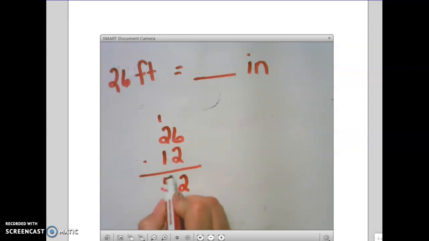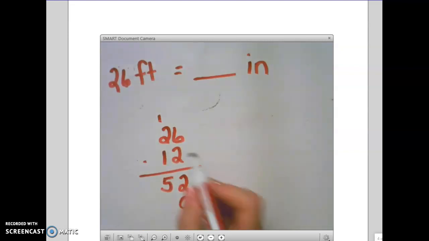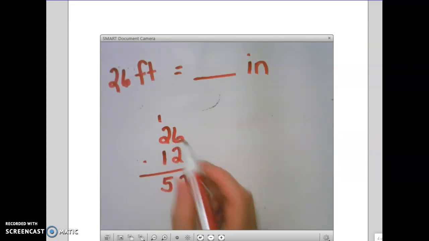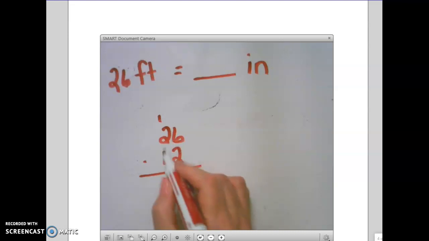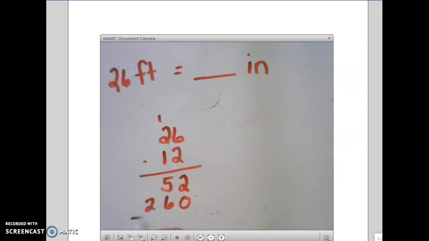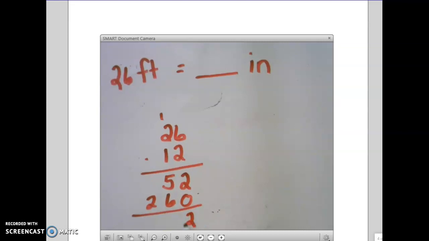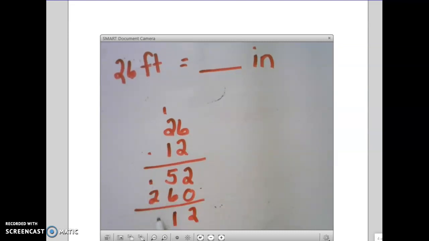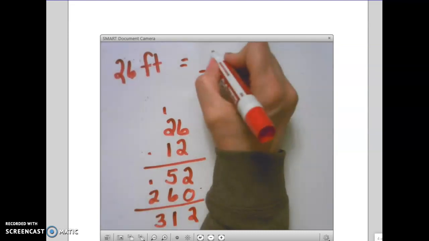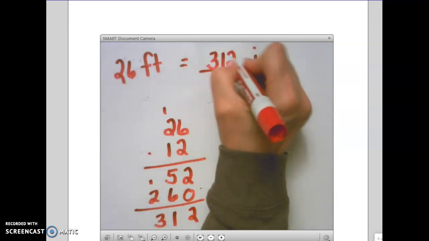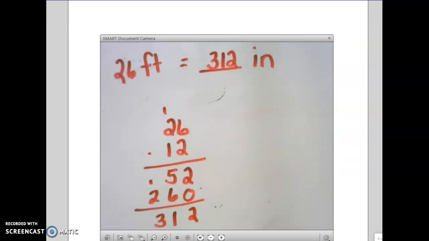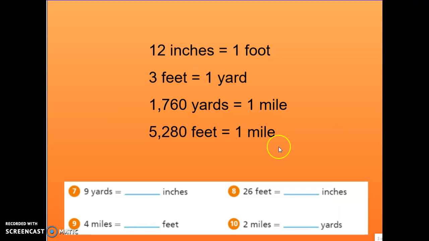I'm done with my ones place, so I'm going to multiply the 1 times 6 and the 1 times 2. I'm going to add these up. There are 312 inches in 26 feet. Again, this is what we have to do to convert using the U.S. customary measurement system. Oh my.